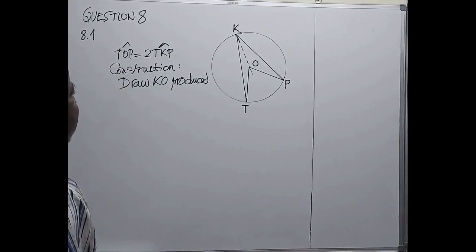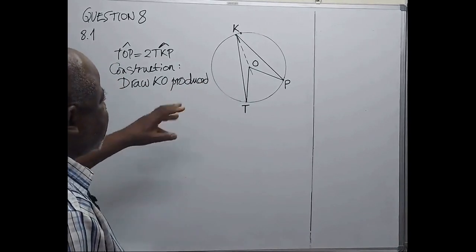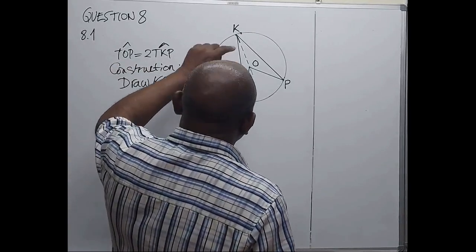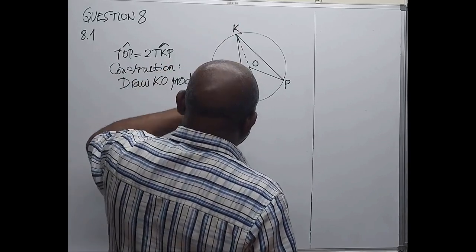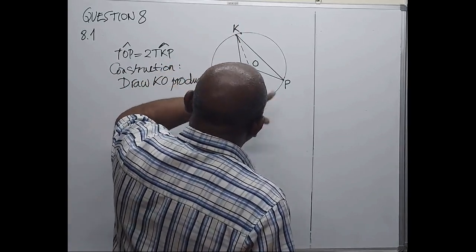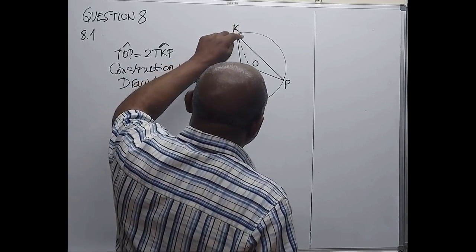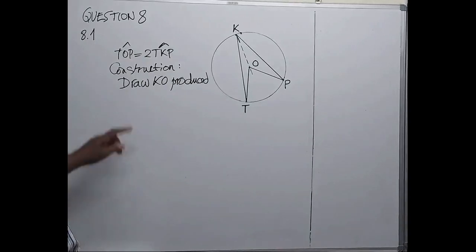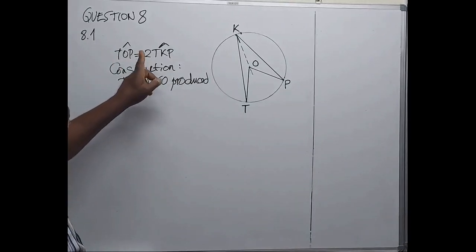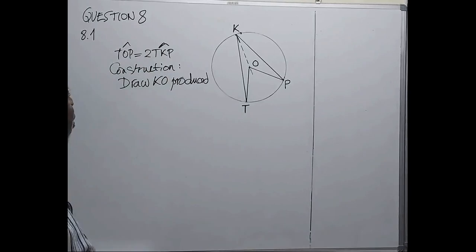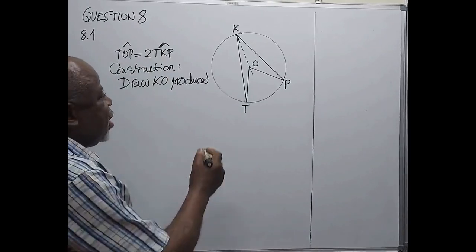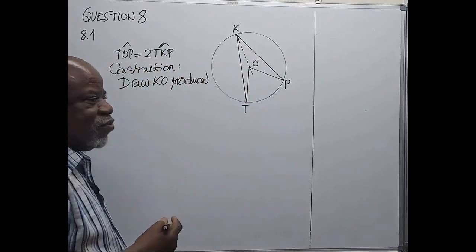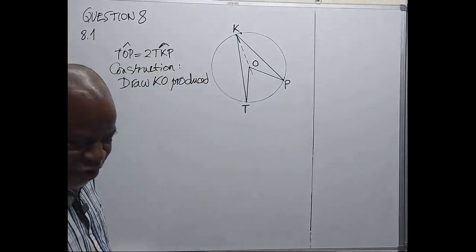Now, as you can see here, we practically have two triangles, TKO and KPO. To show that TOP is equal to 2TKP, let's put some numbers so that it's easy for us to understand.